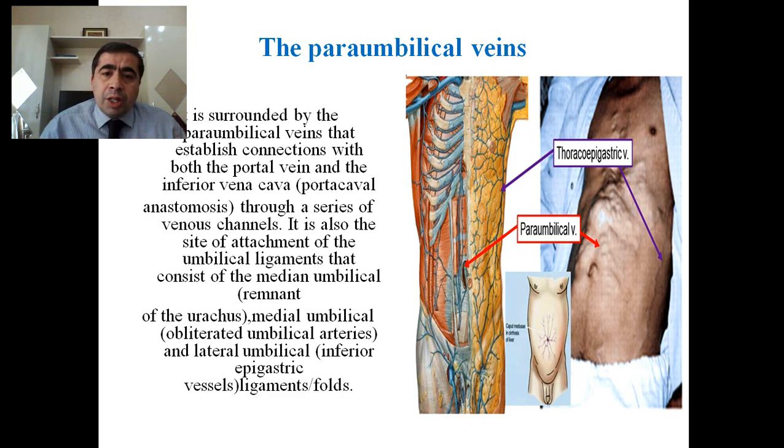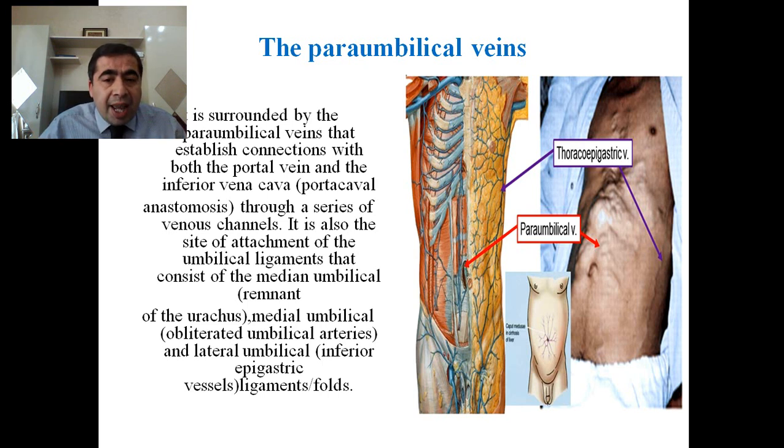And this vein is formed by the connection of three main roots: the superior mesenteric and inferior mesenteric veins, and also the splenic or lienal vein. But paraumbilical veins, they do not open into the roots.